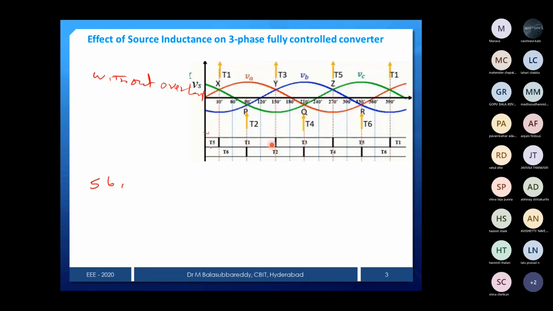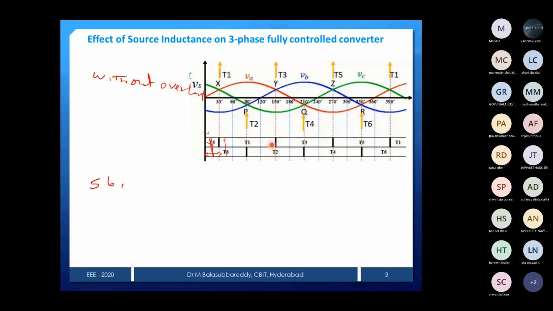So 5 and 6 are conducting during this, because 6 is there throughout this duration, 1 is there throughout this duration, and again 2. Whatever the boxes are there, the firing pulse will be available. Now in the first instant, 0 to 30 degrees with respect to omega t, in this box, what devices are conducting? 5 and 6.